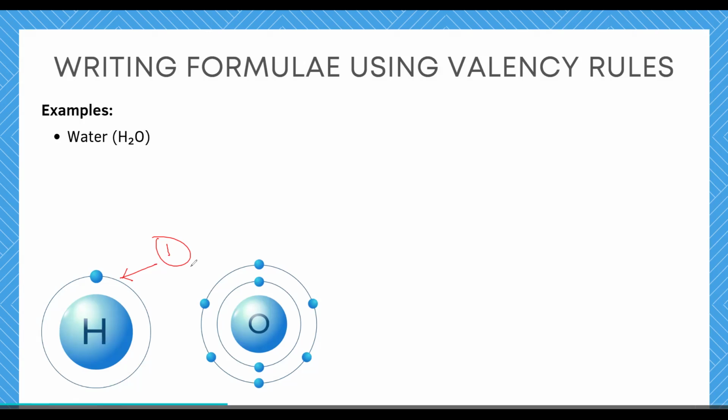But for any other element apart from hydrogen, just count the number of electrons on the outermost shell: one, two, three, four, five, six. And then ask yourself, how many more electrons are needed for it to be complete to eight? Two.